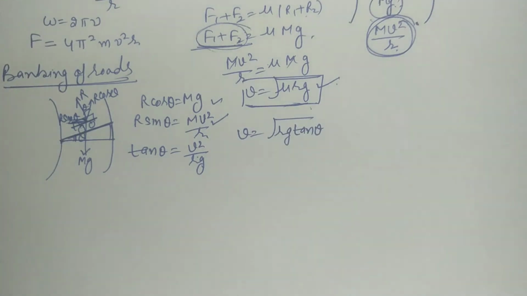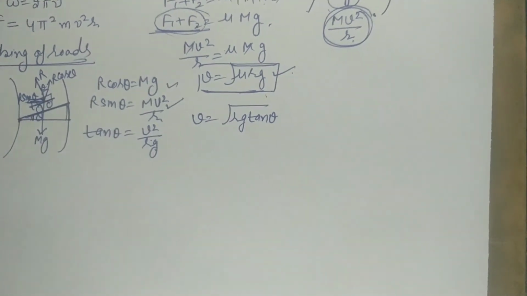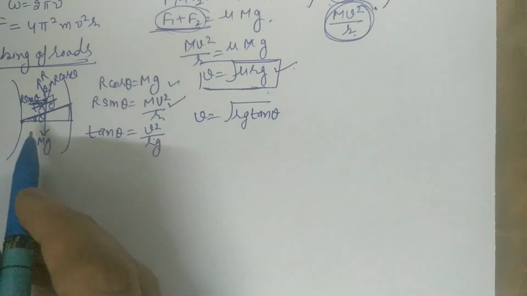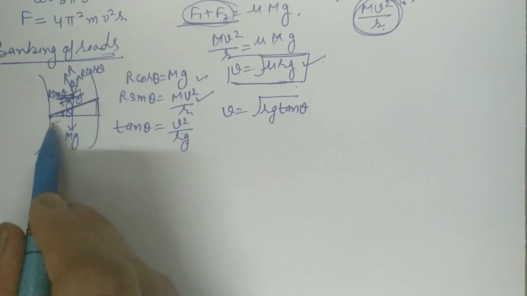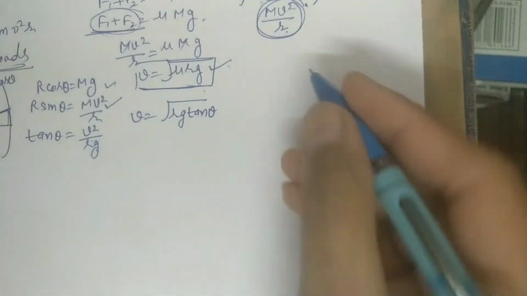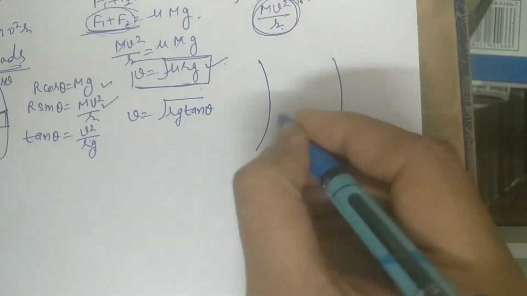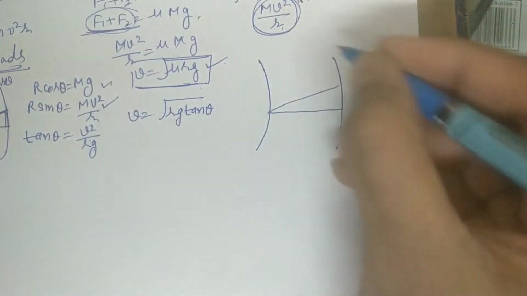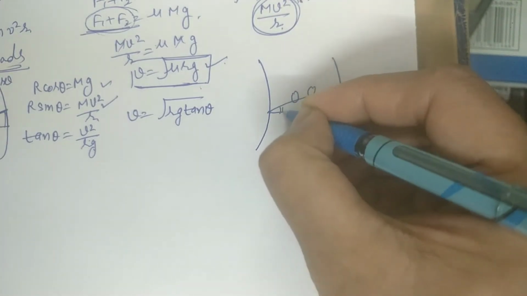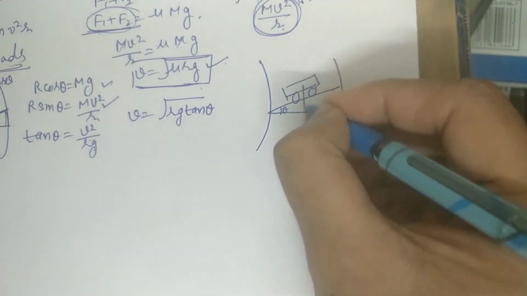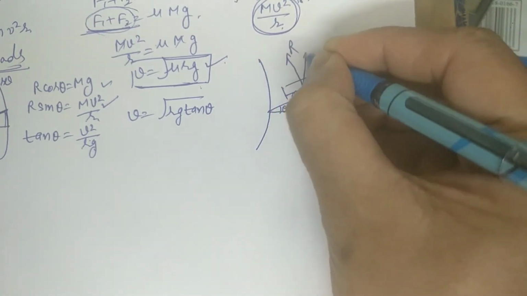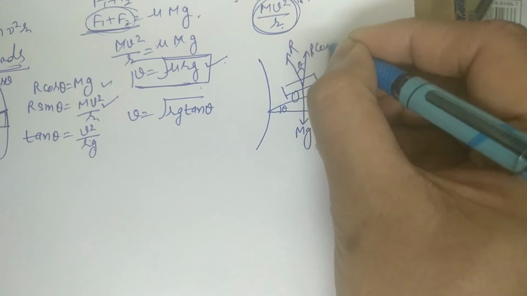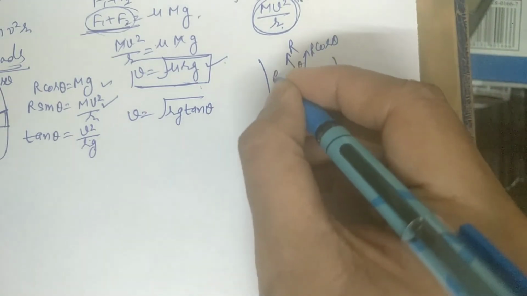But friction cannot be removed from any surface completely, it can only be minimized, so now we consider the friction. Let's draw it again. This is the angle theta, weight mg, normal reaction R, with two components R cos theta and R sin theta.